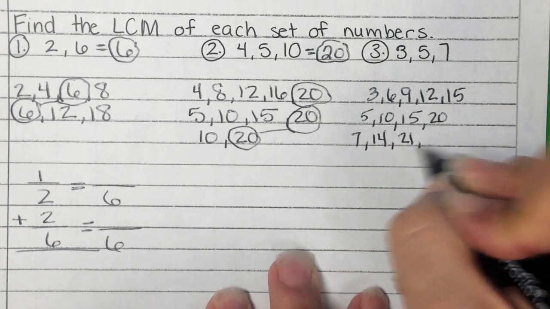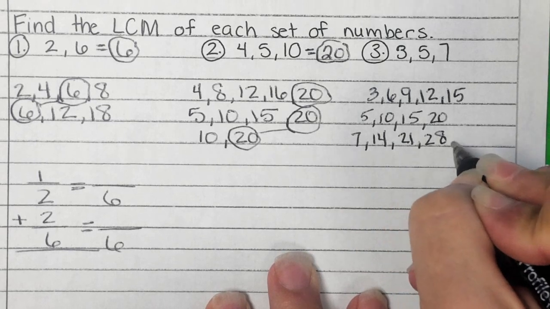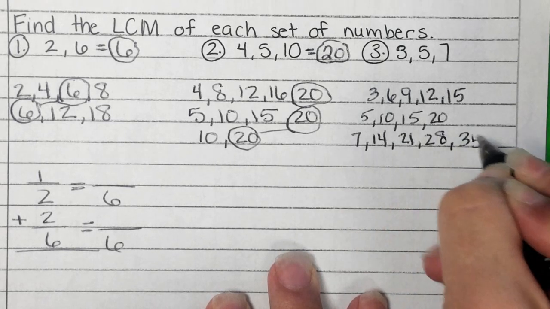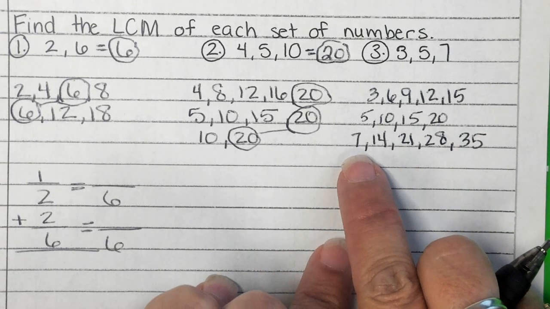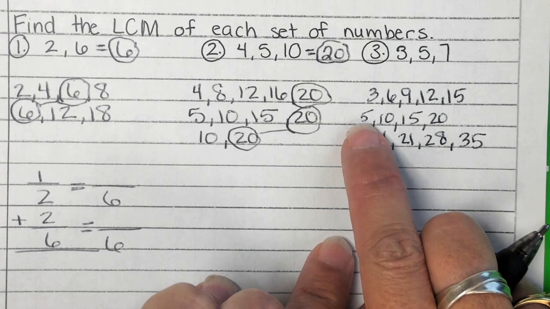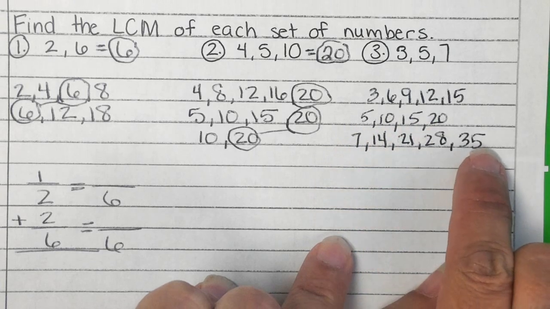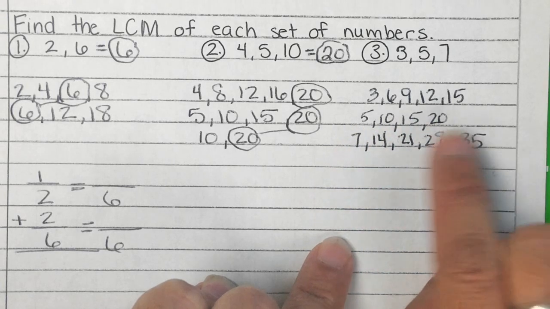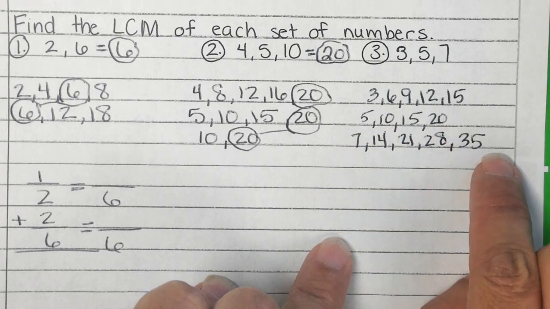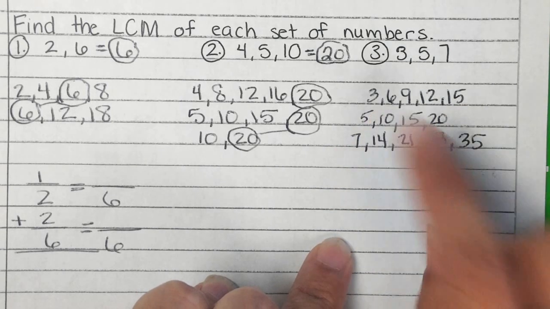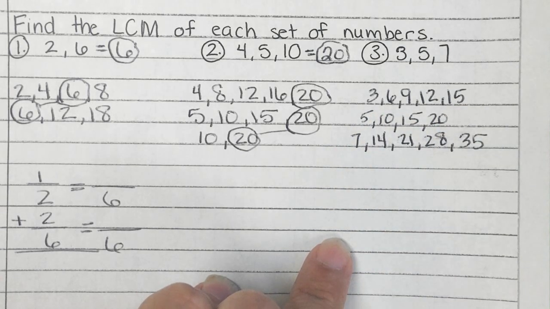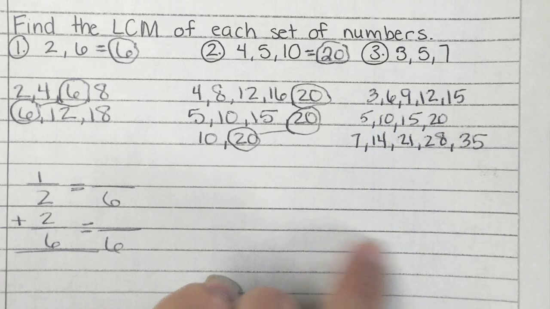I'm seeing 7 is probably my weirdest one, because I know that the first multiple of 7 that is going to end with a 5 is going to be 35. I know that 5 will reach 35, but will 3? No, 3 would end up being 30.